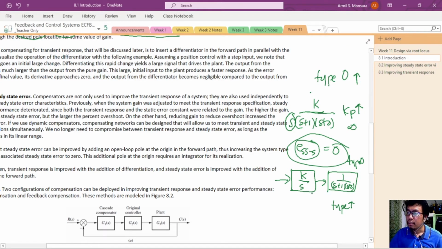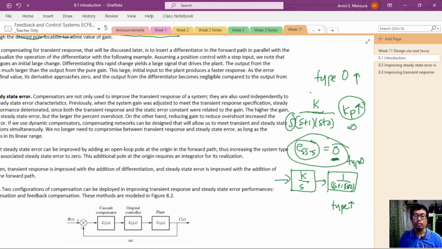Okay? Also, if it is not 0, I mean, it is not really our target to make it 0, but we just want to have some kind of improvement. Okay? What we just need to remember is that we want to increase Kp. Okay? When you increase Kp, or your static error constant in general, by a certain factor, you would see a dramatic decrease in the error.